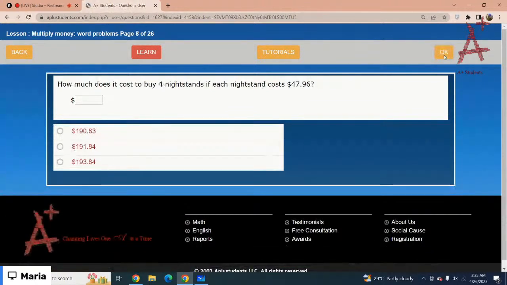Okay, how much does it cost to buy 4 nightstands if each nightstand costs 47.96? So basically you need to do 47.96 times 4.